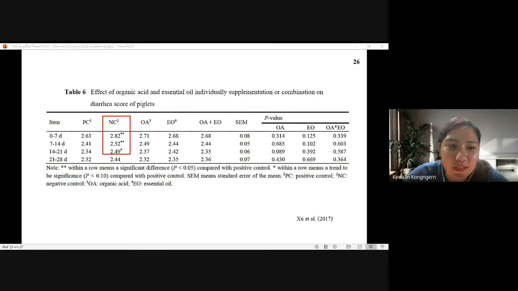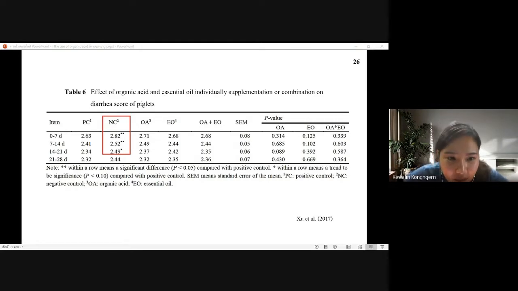In my opinion, in this table, if the result is not significant, we can use just individual supplementation, the organic acid or the essential oil.